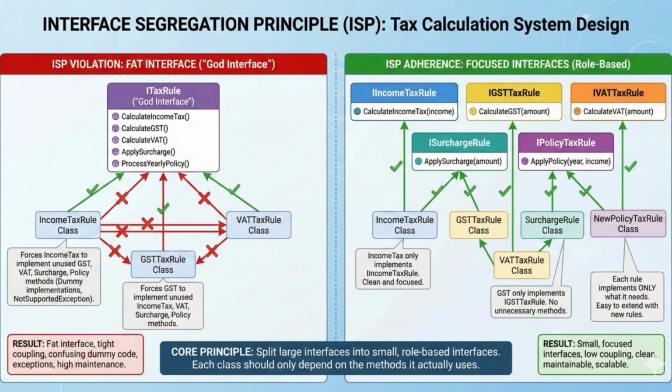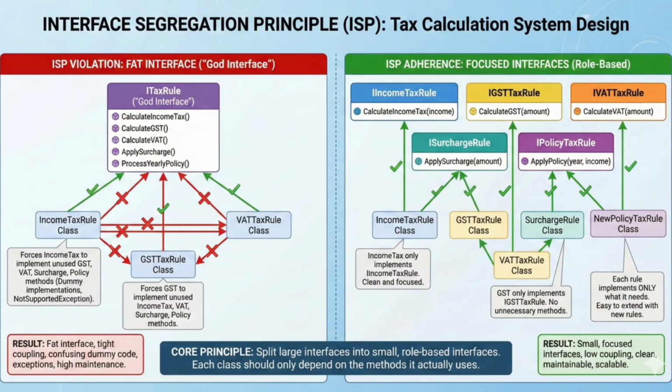Now, instead of forcing every tax module to support all these behaviors through one giant interface, the interface segregation principle says, don't create one big God interface like ITaxRule: calculateIncomeTax, calculateGST, calculateVAT, applySurcharge, processYearlyPolicy. Because not every tax module needs all of these.